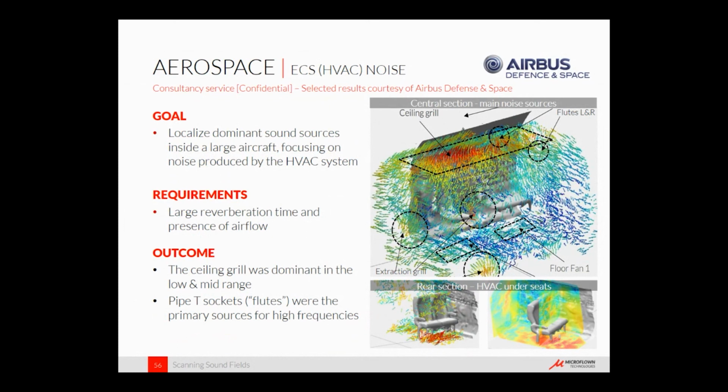This is a broadband visualization where sound came in, leaking from the ceiling grills as well as the extraction grills that are close to the floor on the sides. So this gave them complete new insight into where the sound was actually coming from. So this is just some example of how we visualize sound with 2D and 3D.